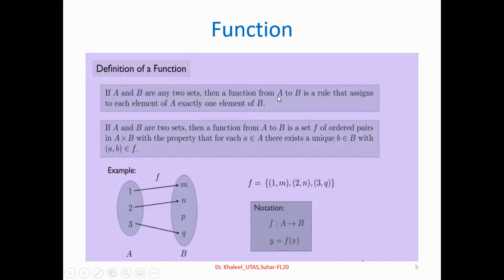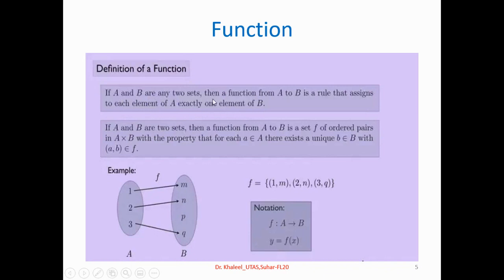A function from the set A to B is a rule, or a law, or a property, or a relation that assigns to each element of A, that means all the elements of the set A, exactly one element of B. That means for all the elements of A, we should have only one element of B related.